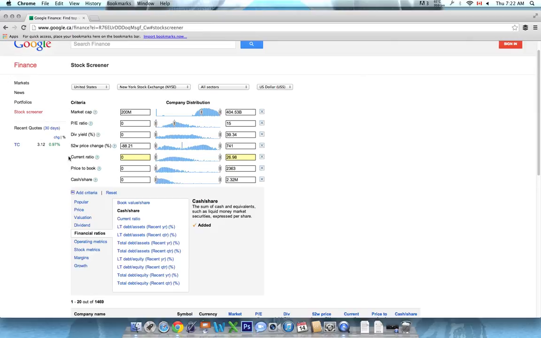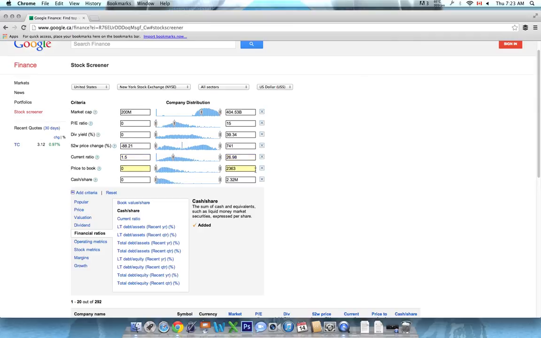For the current ratio, ideally it would be above 2, but I'll put 1.5. That just means the current assets are 1.5 times the current liabilities. And you can see there are still stocks above this, but we want to keep our selection wide enough so that we find some things.